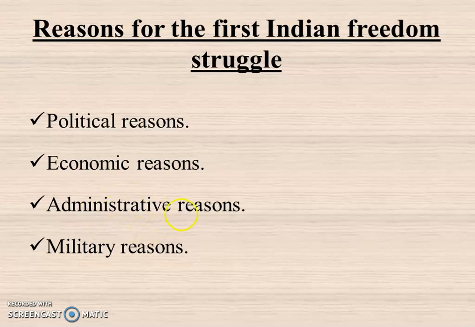The introduction of the new Enfield rifles that had greased cartridges was the immediate cause of the revolt. The sepoys had to bite off the greased paper to load the cartridge into the rifle. A rumor was spread that the paper was greased with the fat of cows and pigs.